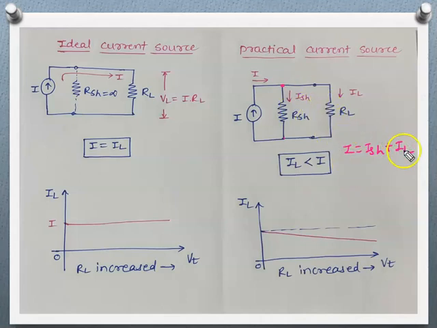So always this IL will be less than the source current because of this RSH. When there is a change in load, again we will get a different value of load current which is not equal to I. This is the difference between ideal current source and practical current source.